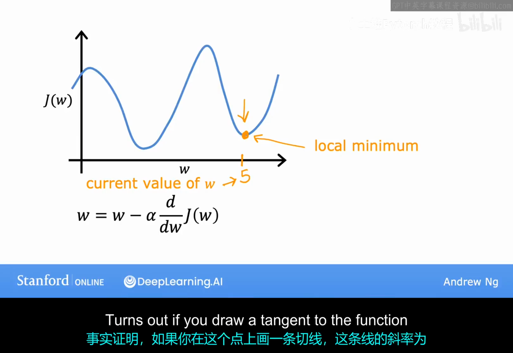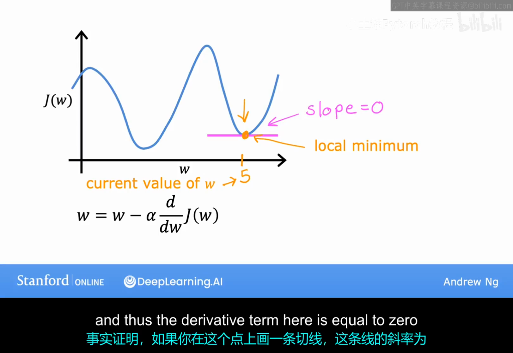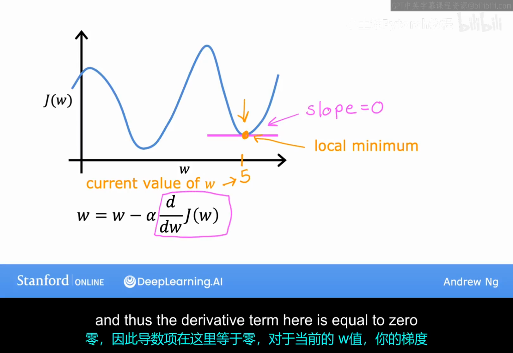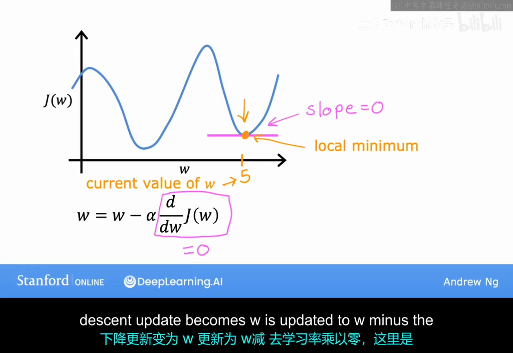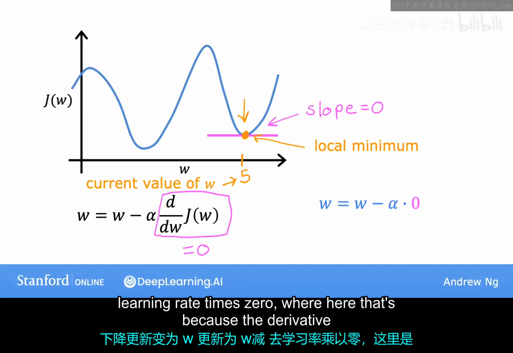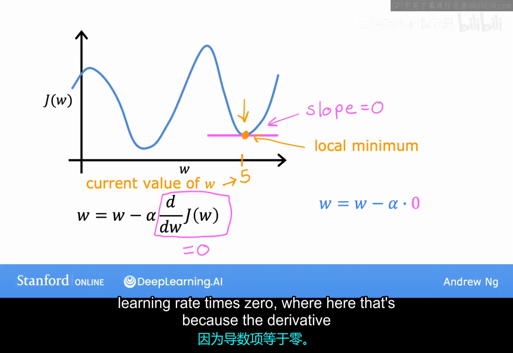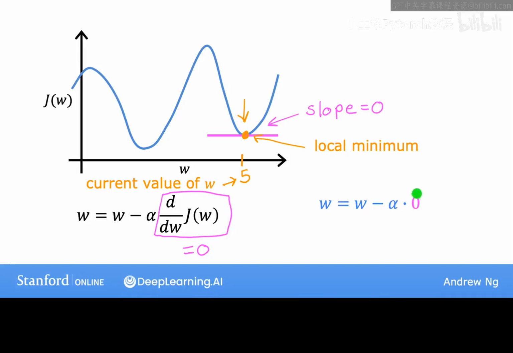Turns out, if you draw a tangent to the function at this point, the slope of this line is 0, and thus the derivative term here is equal to 0 for the current value of w. So your gradient descent update becomes w is updated to w minus the learning rate times 0, because the derivative term is equal to 0.